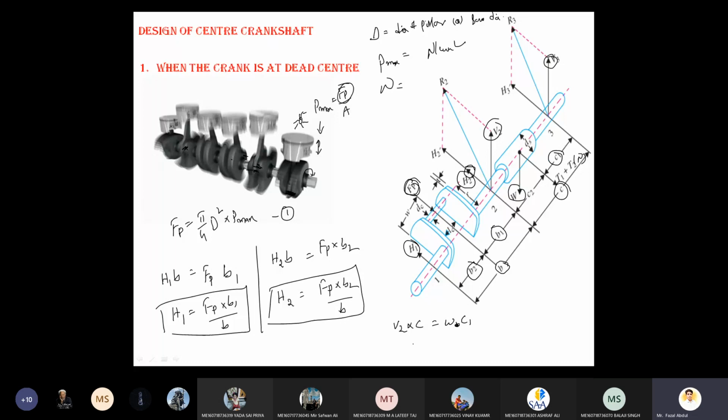Now what is V2? W into C1 by C. In the same manner, what is vertical component 3? V3 into C equal W into C2. Isn't it? Now V3 is W into C2 by C. This is another vertical component due to the weight of the flywheel.